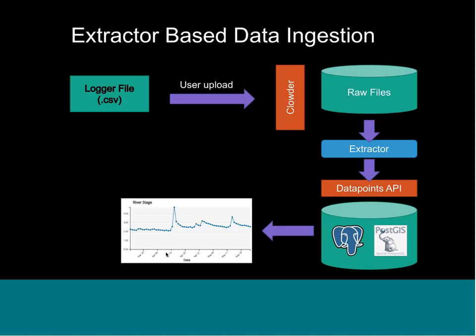But we want to create a system that is much easier to maintain, so that when the user gets the logger file and uploads it to Clowder using the GUI that I showed, then because we have a link between the data set in Clowder and the sensor location in the geodashboard, the specific extractor for the data type gets executed.